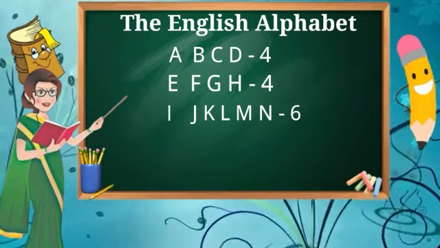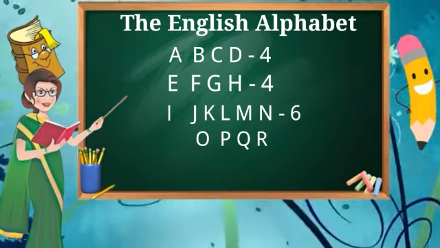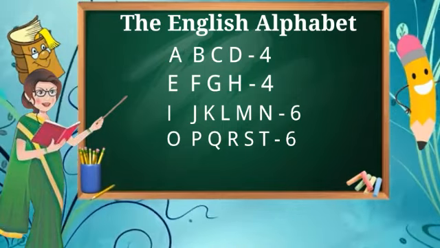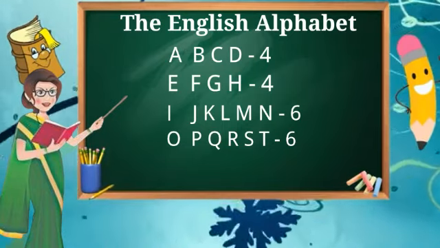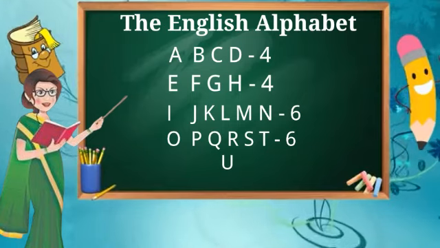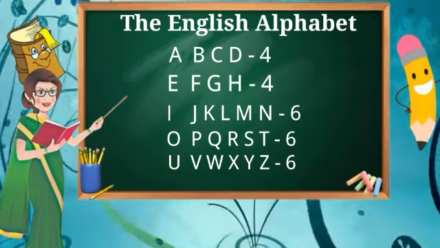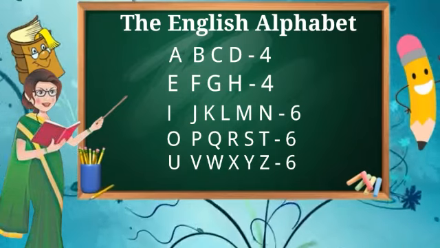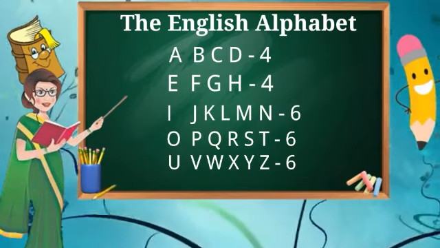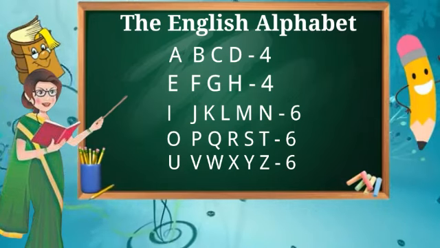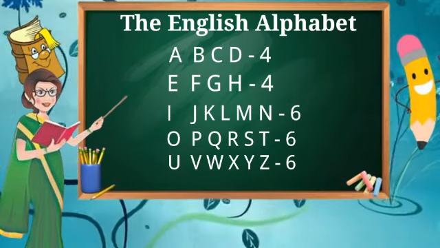The next one, O, P, Q, R, S, T, 6 letters. Then in last row, write U, V, W, X, Y, Z, 6 letters. So, in first 2 rows, you have to write 4 letters, and in last 3 rows, you have to write 6 letters.